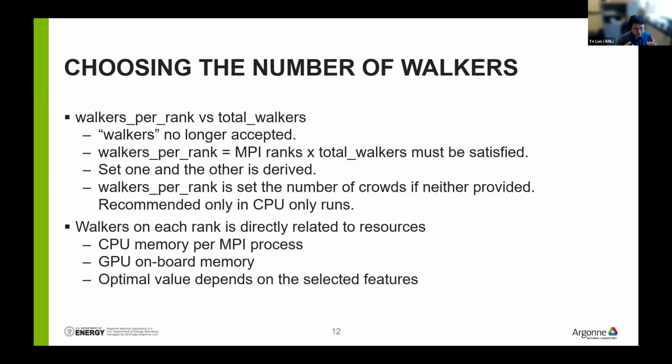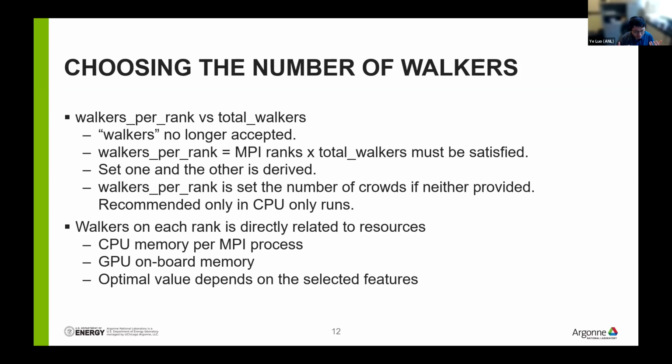However, you also need to pay attention to the corresponding workers per rank if you are running into a memory constraint scenario, or you are deciding the performance, because workers per rank is more directly connected to memory consumption, and we all know that GPU memory is a limited resource.